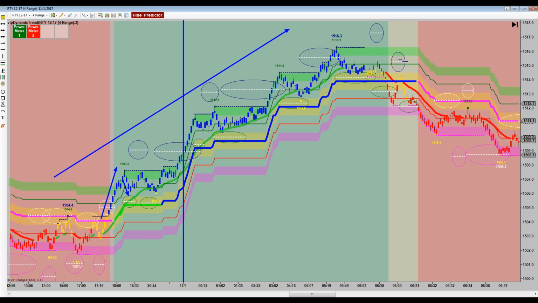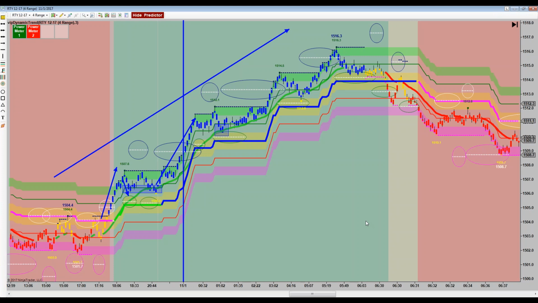So this little pullback would be considered a long trade or a buy. The trend's up, so we're buying, right? Here is another thrust, and we have another pullback here. Long trade. You get the idea. Thrust, pullback, long trade.